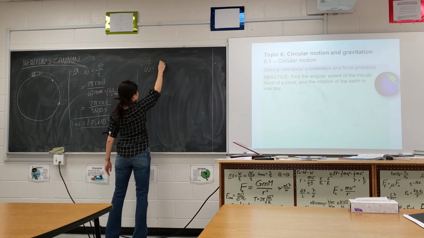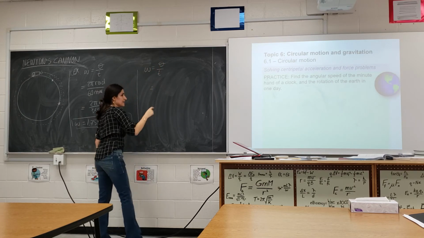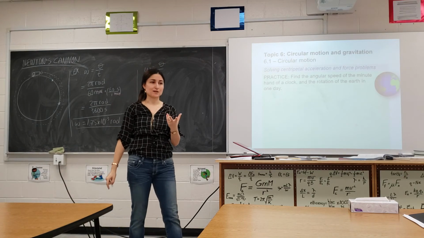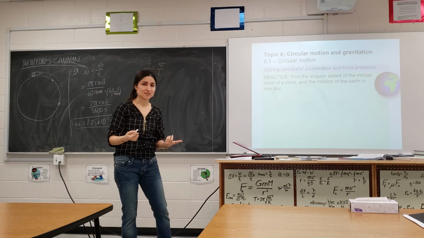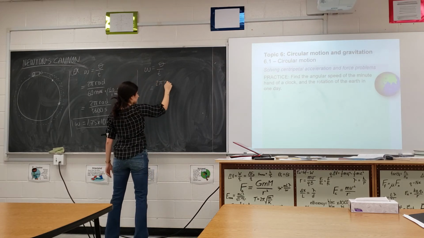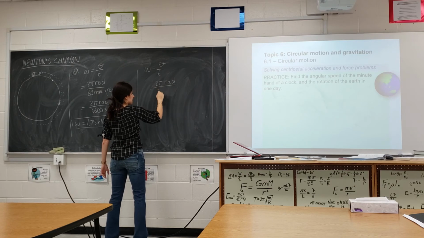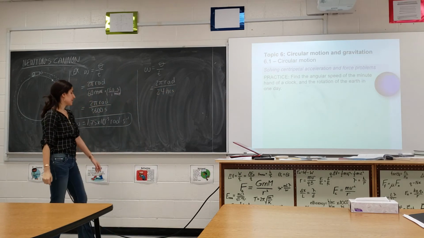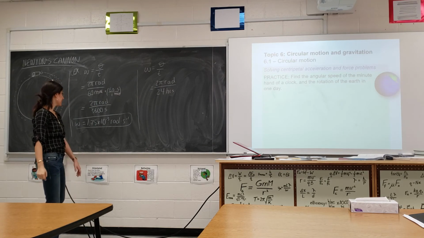Okay, and find the angular speed of the rotation of the Earth in 1 day. So again, omega is theta over t. Now, when the Earth is rotating, any point on the Earth in 1 day, in 24 hours, goes through 360 degrees, or 2 pi radians. So we still have 2 pi radians, and like I just said, we know that takes 24 hours. So we have to convert hours to seconds.